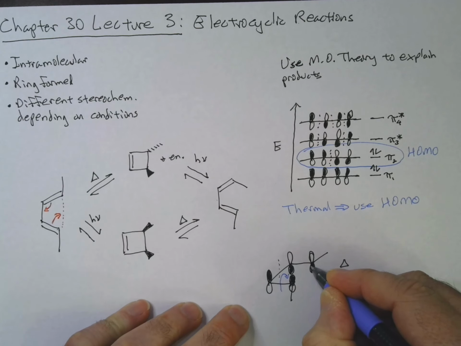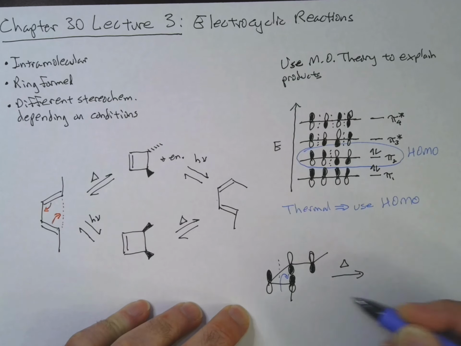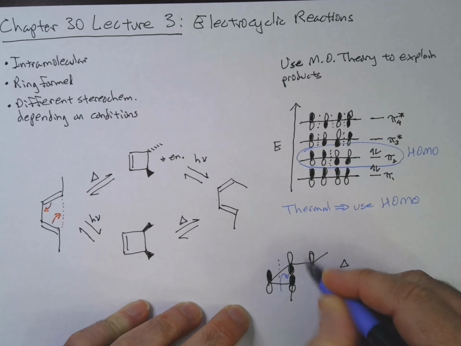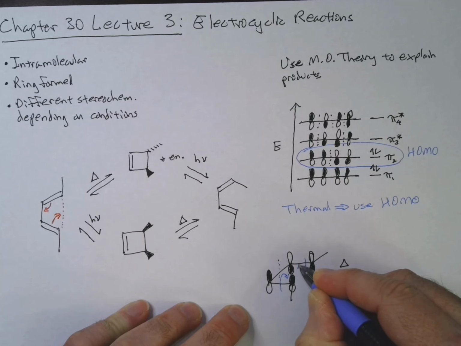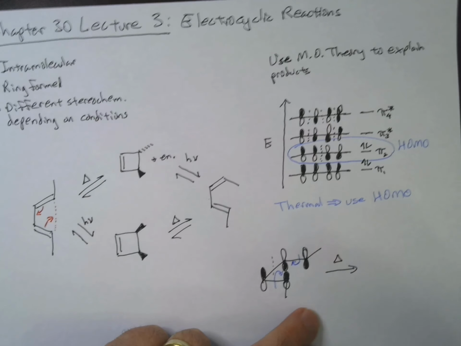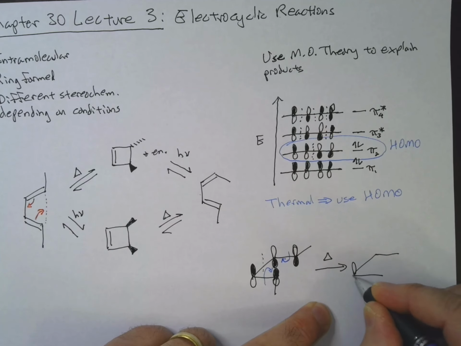This pi bond breaks, and this rotates. If we look down this way, it's going to rotate clockwise, and this one will also rotate clockwise, because our product should get that.